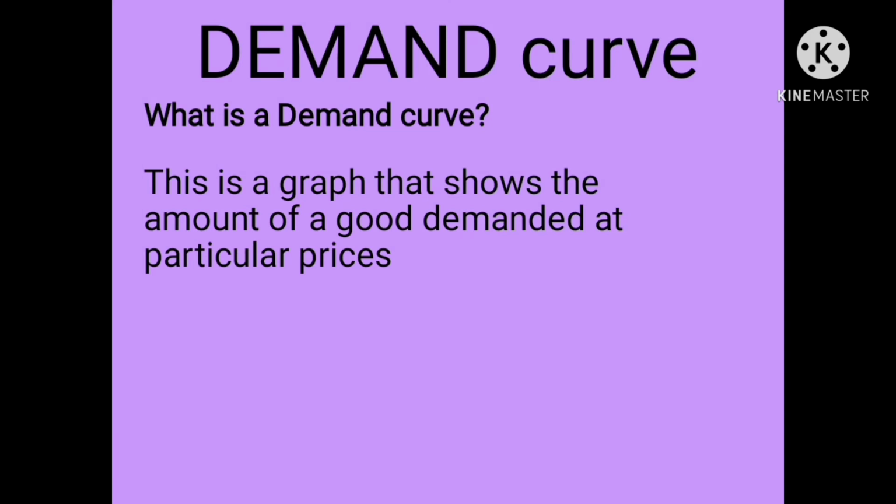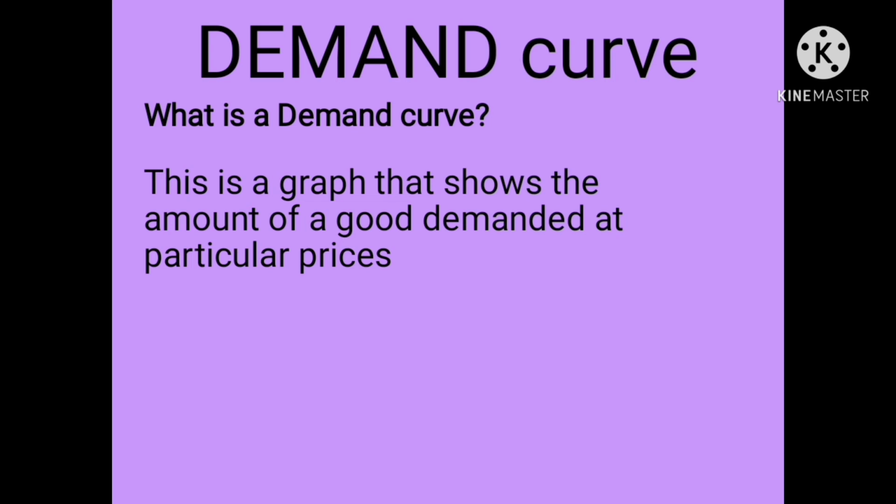And then the demand curve. We are also deriving this demand curve from our law of demand, where we have said that at a higher price less is demanded, and at a lower price a lot of the commodity is demanded. So the demand curve comes out to summarize this, and so we define our demand curve as a graph that shows the amount of a good demanded at particular prices.